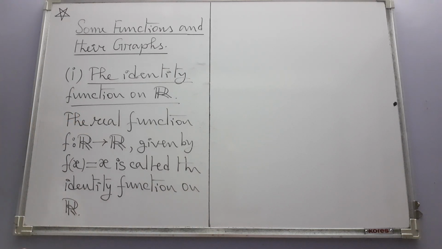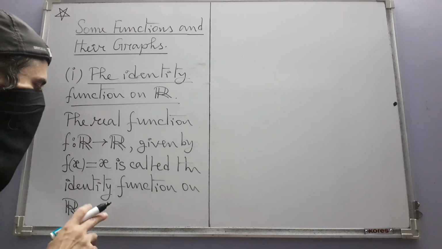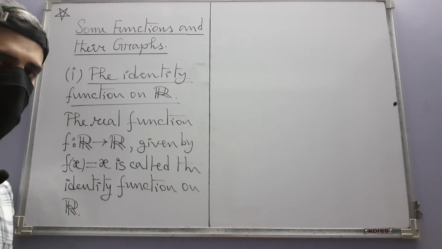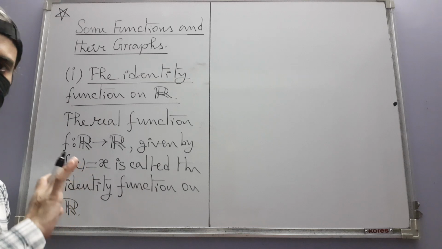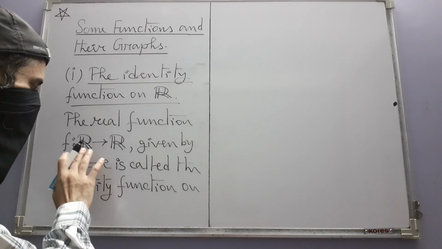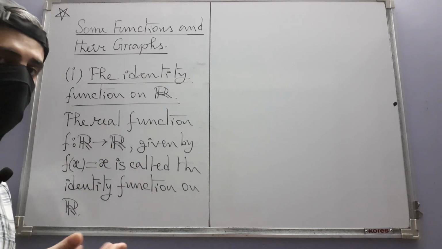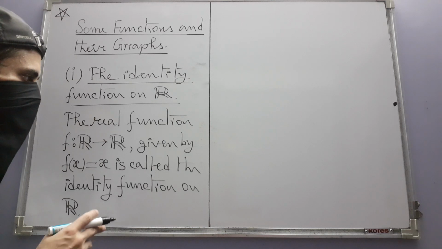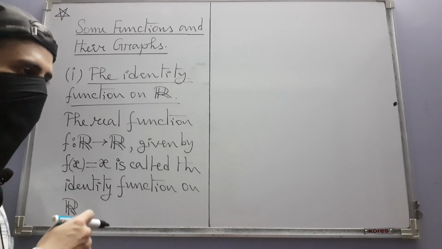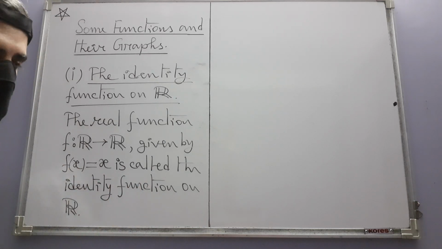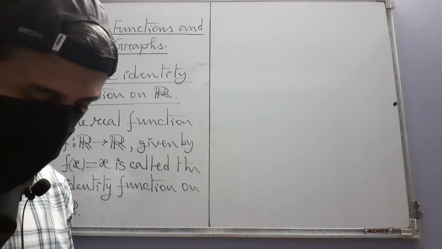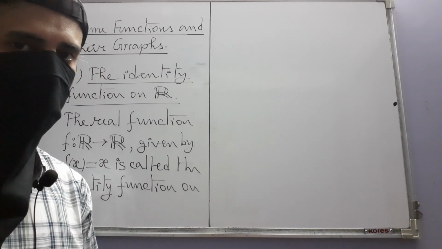We say on R because you can similarly define identity functions on other sets. We are, however, not going to consider those things because we will mostly be considering only real functions or real valued functions. You remember, a real valued function is a function whose outputs are real numbers.